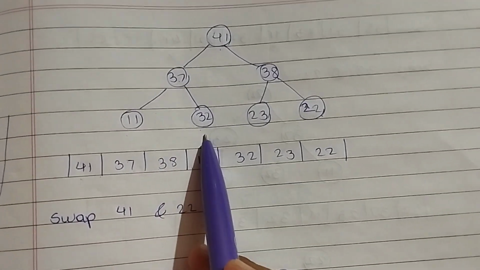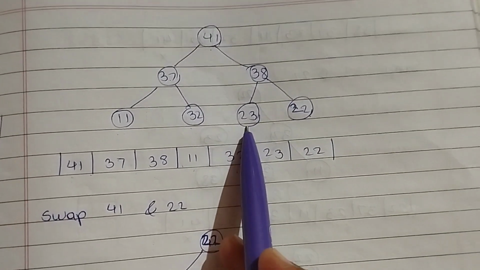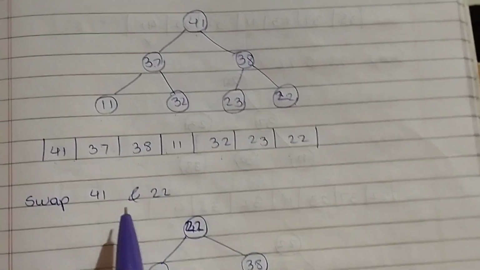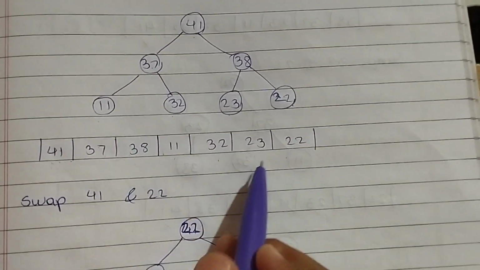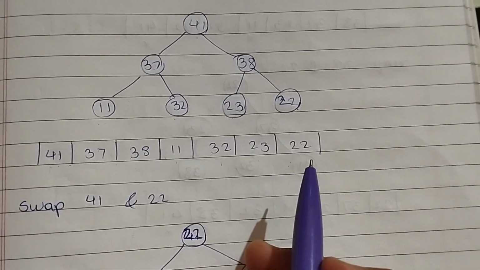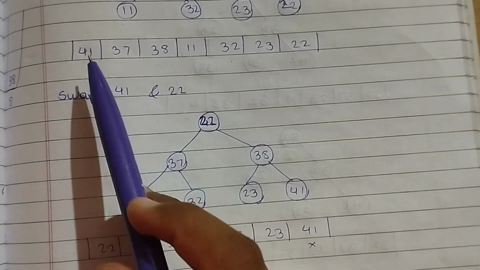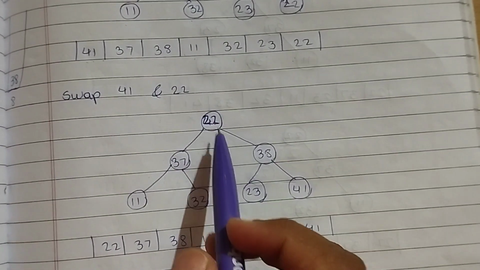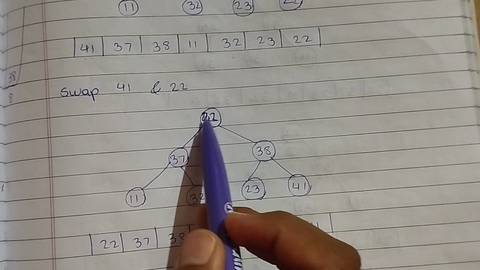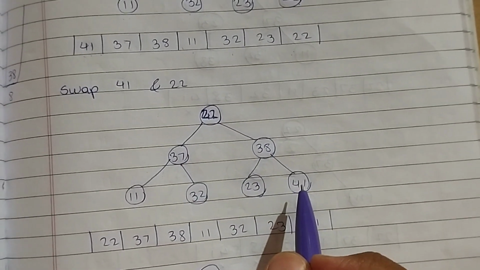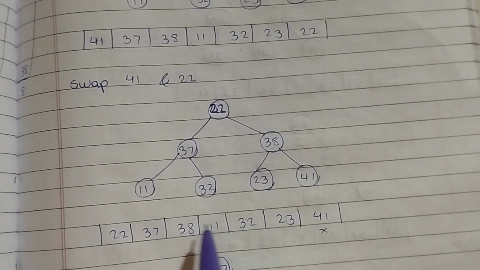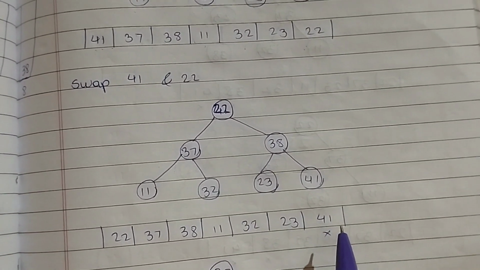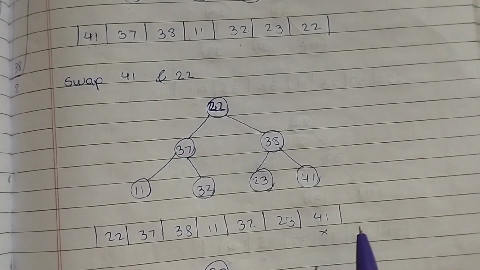So 11, then 32, then 23, 22, then swap 41 with 22. When we swap 41 with 22, then our tree is now like this, 22 and 41 is here. So now 41 goes in its appropriate position.